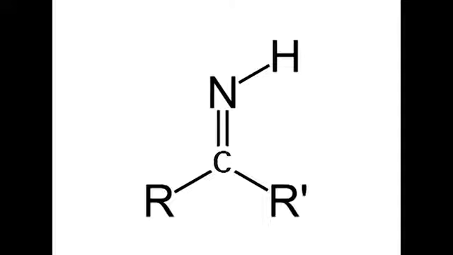In imine, each of the carbon and the nitrogen atoms forming the double bond has been sp2 hybridized. The double bond between carbon and nitrogen consists of a sigma bond and a pi bond formed by their hybridized orbitals and the pz orbitals respectively.